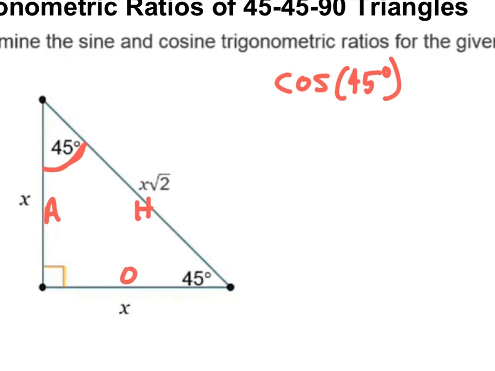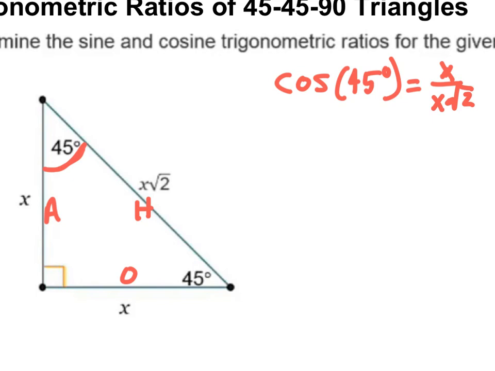So I'm going to take cosine of 45 degrees. That's my adjacent side, which is x, so this is equal to x divided by the hypotenuse, which is x times the square root of 2. Before we do the same for the other, let's simplify this. Cosine of 45 degrees is equal to x divided by x times the square root of 2.